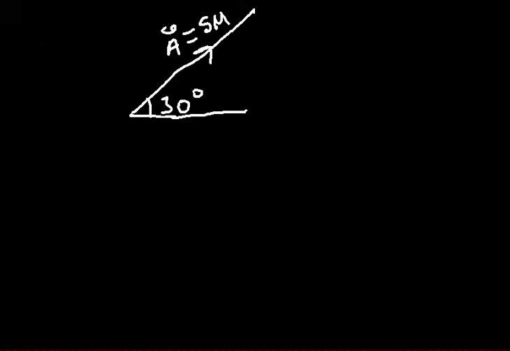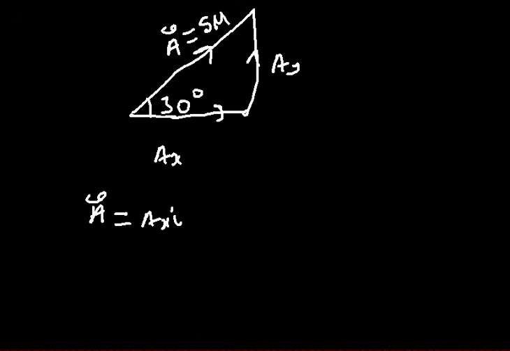The first thing is you should resolve the vector into components. This is ax and this is ay. Now using the same skills on vector resolution, the vector A will be given as ax i plus ay j. So whatever you have for ax, you put it here, and the ay you put here.